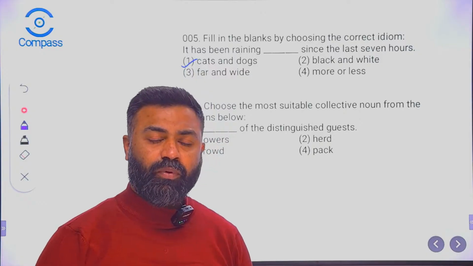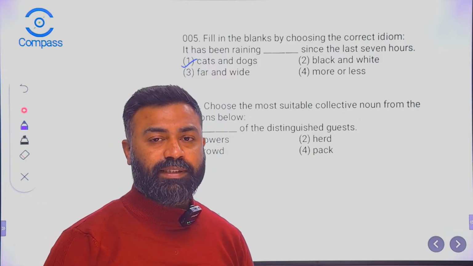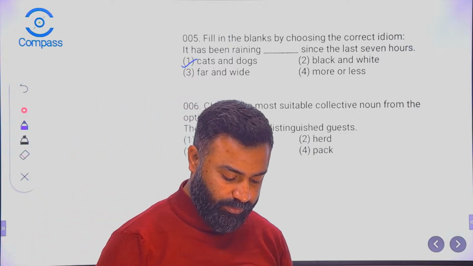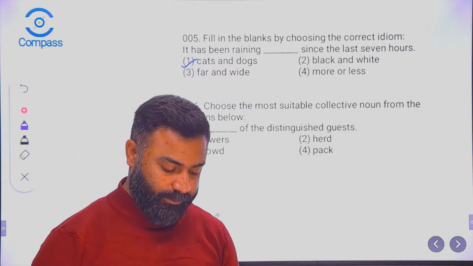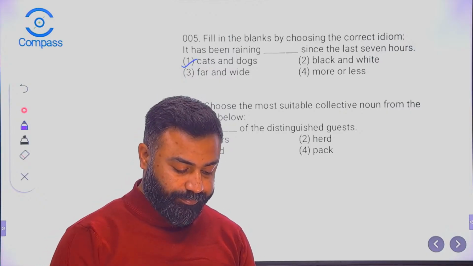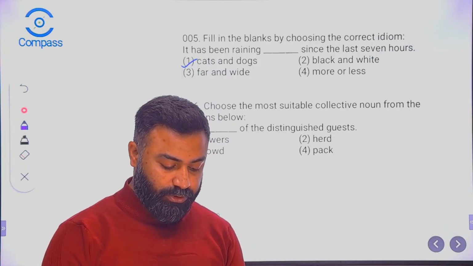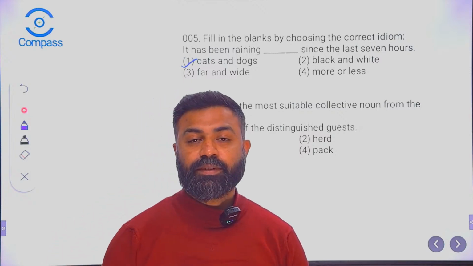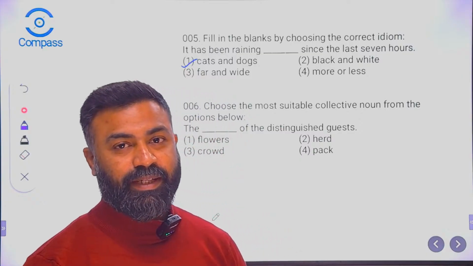Okay, who can tell me what is the meaning of this idiom, cats and dogs? So you can comment in the comment section. What does it mean? Anyone? Priyanka, Molly, Suman? Who would like to answer this? What is the meaning of this idiom, cats and dogs?